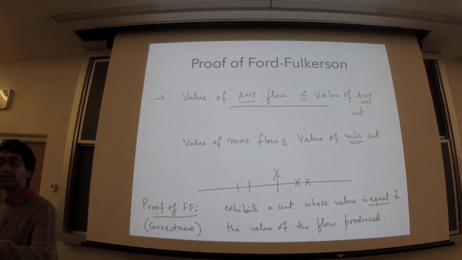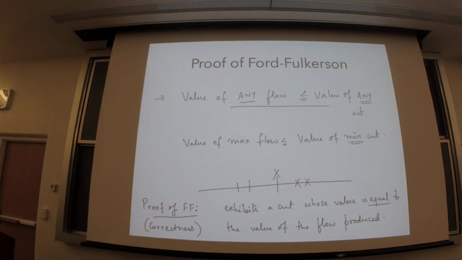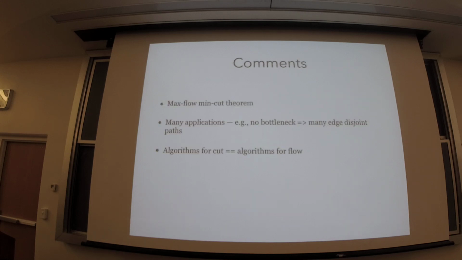It turns out that the algorithm terminates with some flow, where it can also exhibit a cut whose value is equal to the value of that flow. I haven't told you the algorithm, so that's why you may not see why that is true. But this is a nice fact, and this is called the max flow min cut theorem.